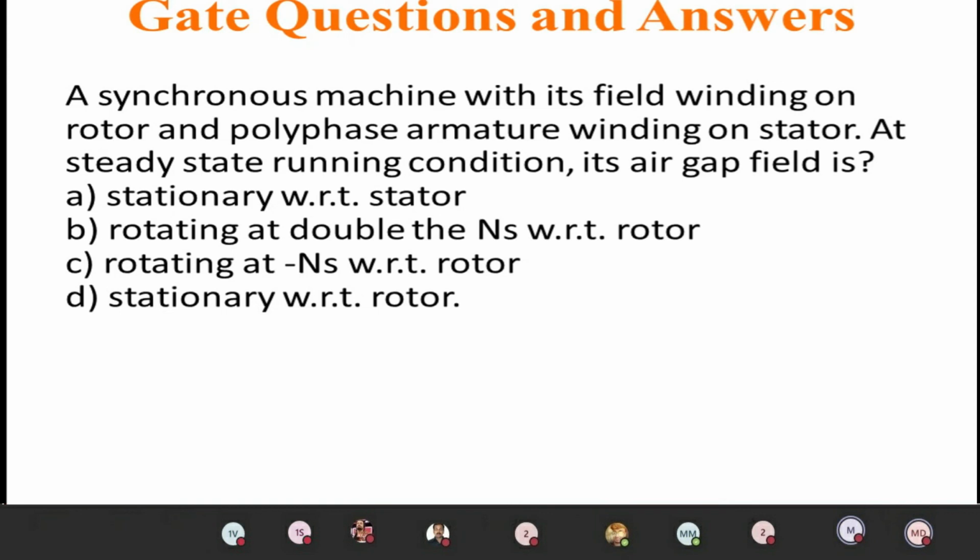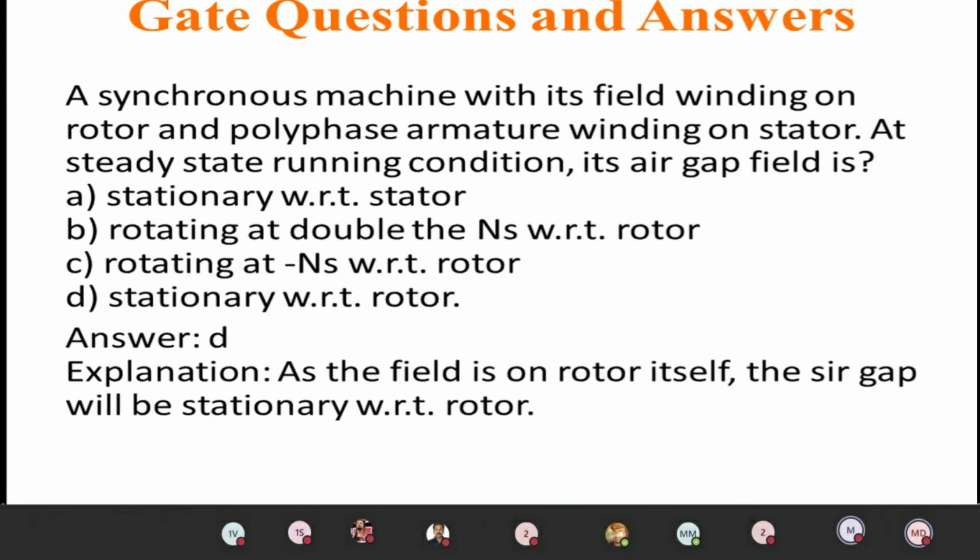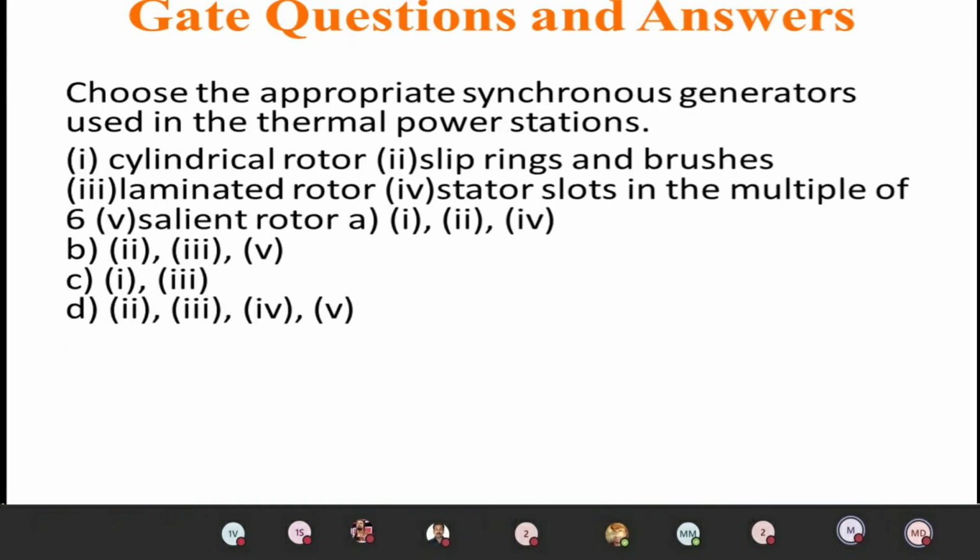At a steady state running condition, its air gap field is stationary with respect to stator, rotating at double the ns with respect to rotor, rotating at minus ns with respect to rotor, or stationary with respect to rotor. So the field is on the rotor itself. The air gap field will be stationary with respect to rotor.